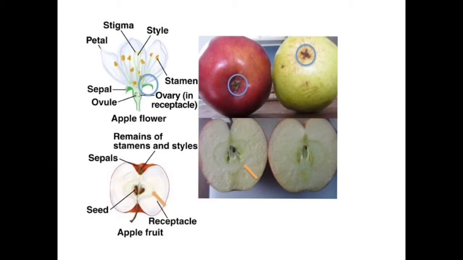As our fruit develops, we'll see that the receptacle becomes the tough outer skin, as well as the flesh, the portion that we like to eat. And the ovary becomes the core, the center section here. And then the seeds develop from those ovules, which were inside of the ovaries.